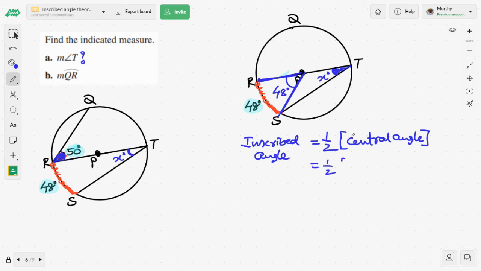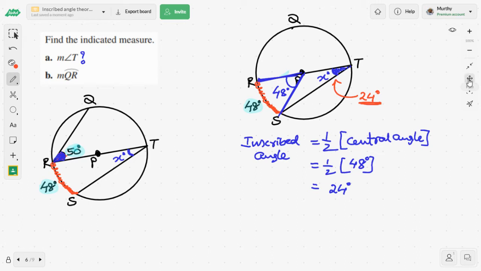But if you separate them this way, it becomes easy. The central angle measure is 48 degrees. So, what is half of 48? That gives me 24. So, the inscribed angle value, the value of x, equals 24 degrees. Okay. Now, that is part one.